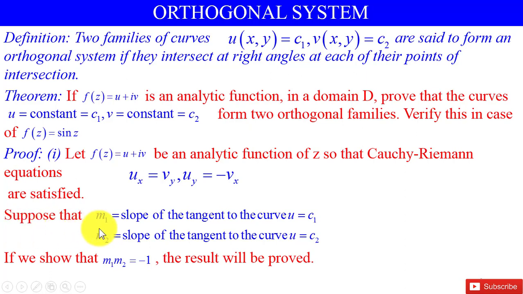Suppose that m1 is the slope of the tangent to the curve u = c1, m2 is the slope of the tangent to the curve v = c2. If we show that m1 into m2 is equal to -1, then the result will be proved.